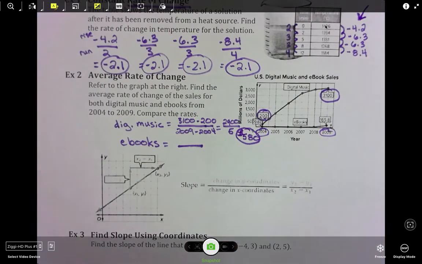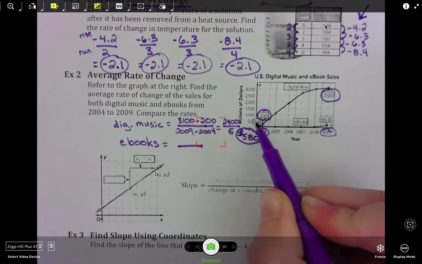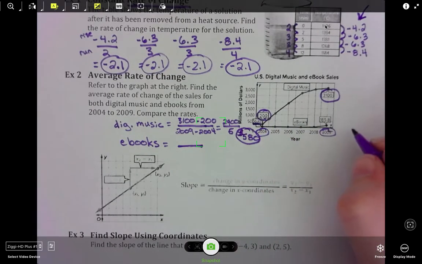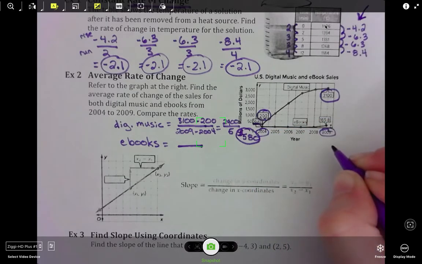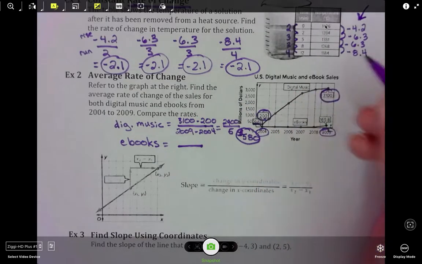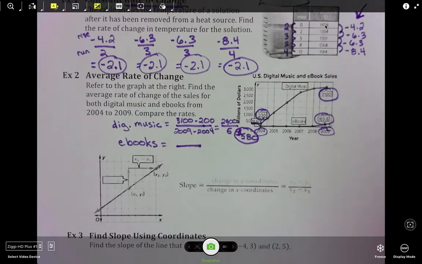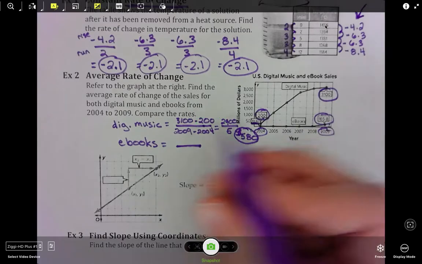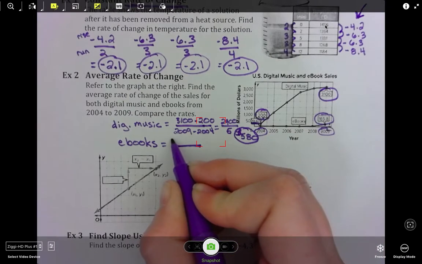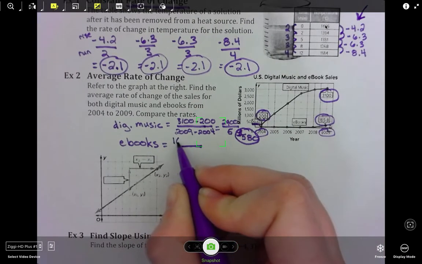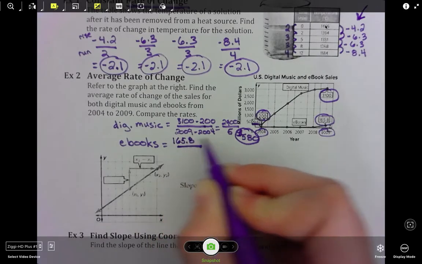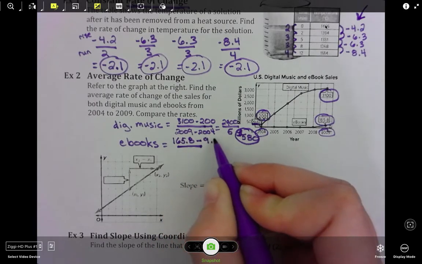Okay. For ebooks, this value right here is 9.6, and then 165.8 is where it ends up. So it's going from 9.6 to 165.8, and I'm going to subtract 9.6 from 165.8.